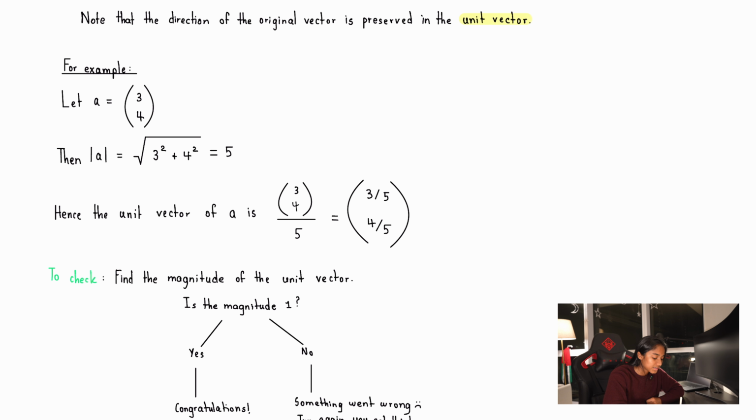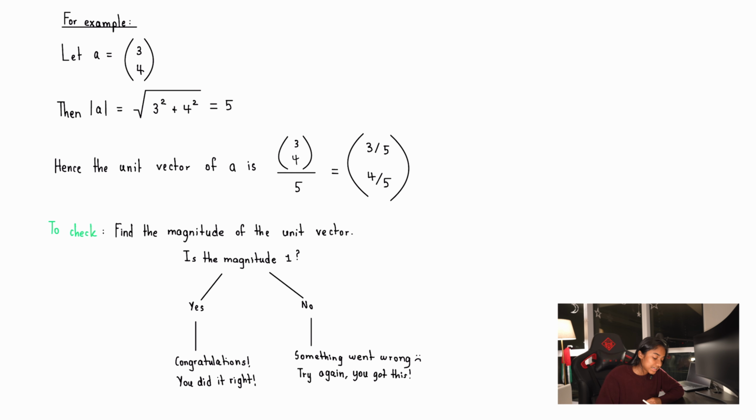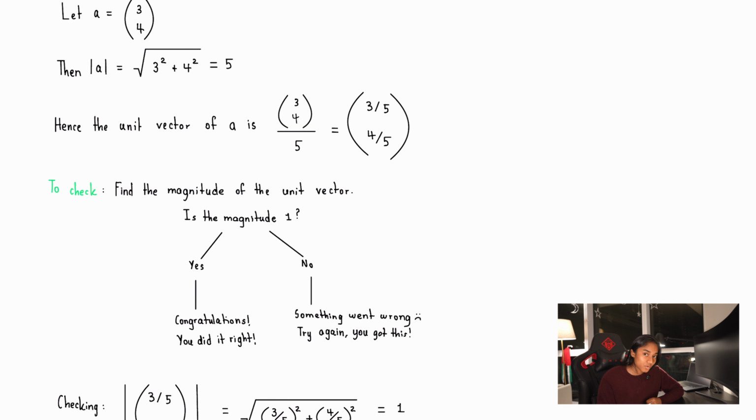We have A, we need to find A's magnitude. To do that, we plug it into the equation which we learned earlier, and simplify it. So we have the square root of 9 plus 16. We get 5. Hence, the unit vector of A will be A over 5, and then we get 3 over 5 and 4 over 5. Now, is the magnitude 1?